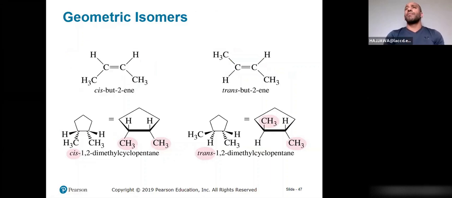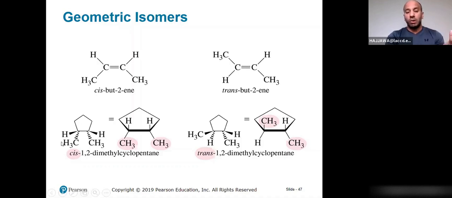Cis and trans is a geometric isomerism. We visited this when we talked about alkenes in the very first chapter. We said there that when you have a rigid bond, such as a double bond or a ring, you will have the possibility of having cis and trans. Now, if the two biggest groups across the alkene are facing the same side, that will be a cis. The same applies if I have a ring.